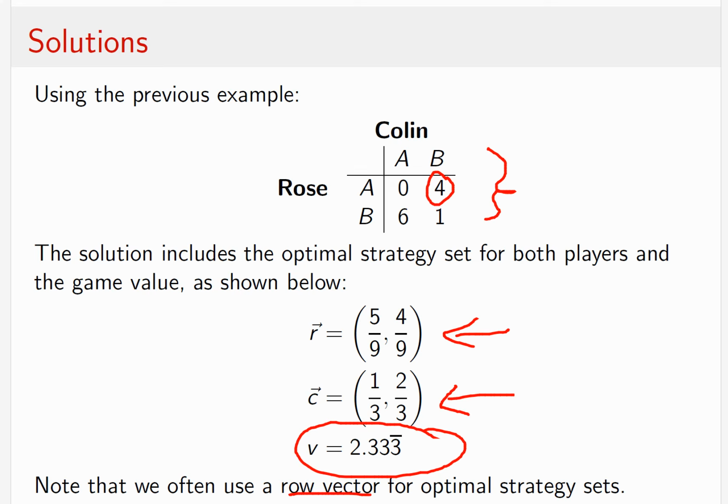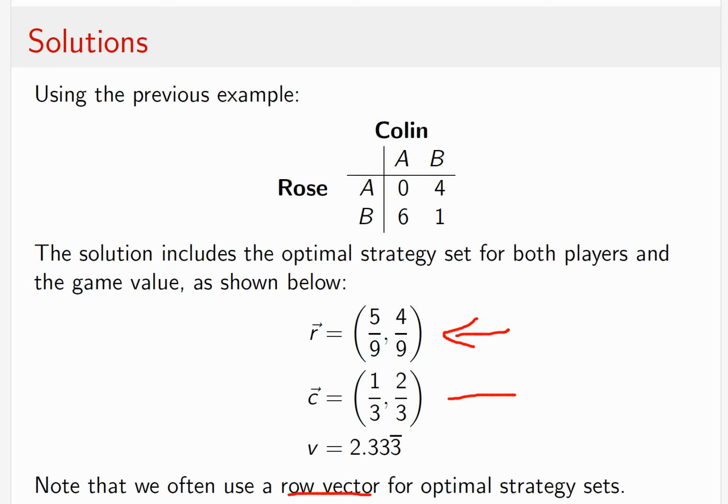So you have to remember Colin in this case is trying to minimize. He wants the lowest value, because his values are the opposite. If he can get Rose into a negative payoff, then that's a positive number for him. That's hard to remember sometimes, but Rose is trying to maximize while Colin is trying to minimize in this condensed version of the game.